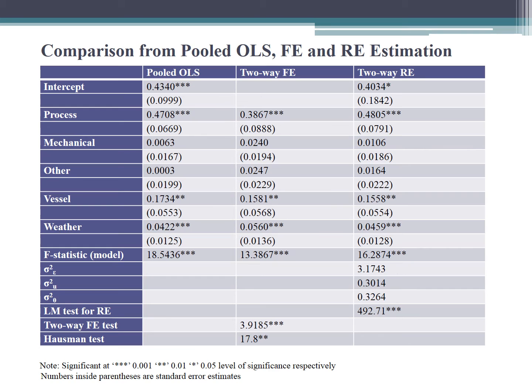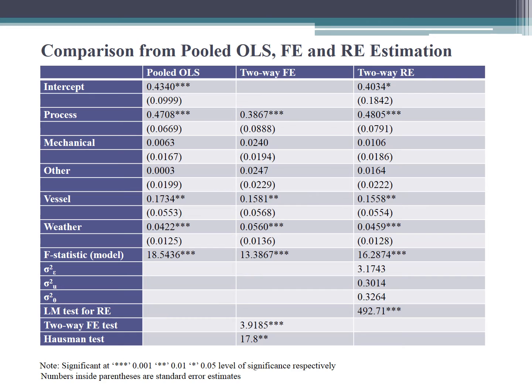We can see the processing time is highly significant, and since the number is in hours, if we want it in minutes, we just have to multiply by 60. So processing time is highly significant, and we can see the closures due to racial and weather characteristics are also significant.